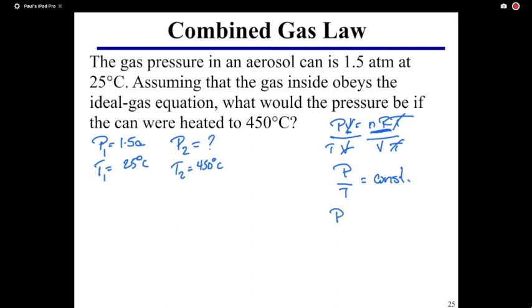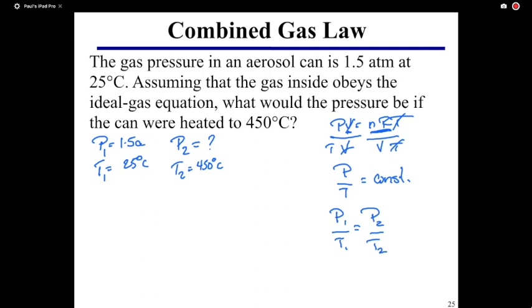And so I get P1 over T1 equals P2 over T2. Okay? So I've made a relationship between temperature and pressure here. Now I could have memorized that that's how the relationship between pressure and temperature works.